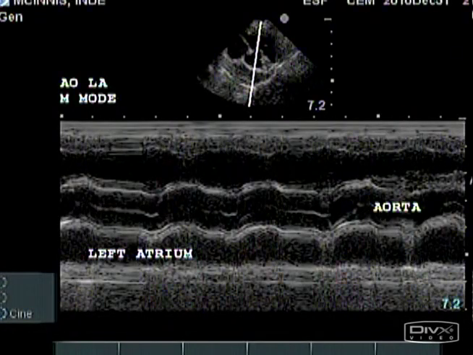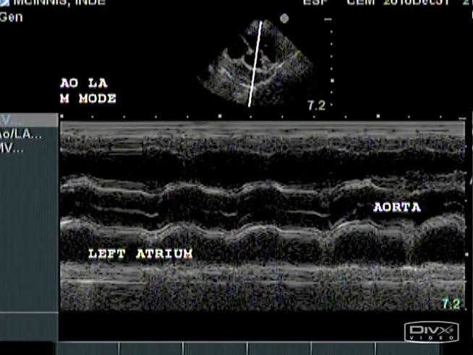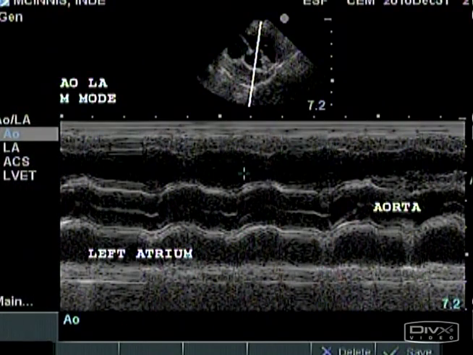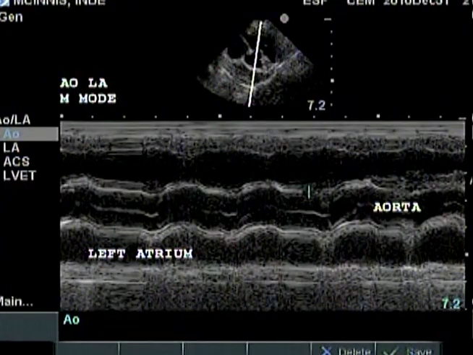Activate the calculations package of your machine and measure the aortic diameter during left ventricular diastole, or the greatest downward movement of the aortic wall while the aortic valves are closed. Note that I use the left side of the horizontal bar of the calipers to measure.